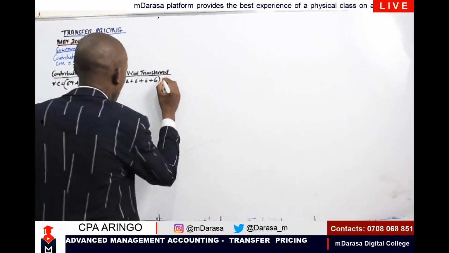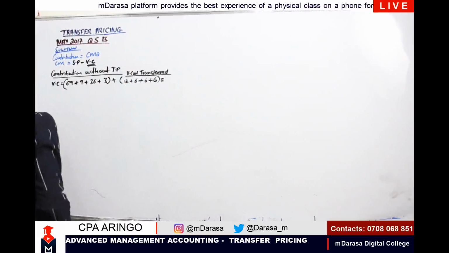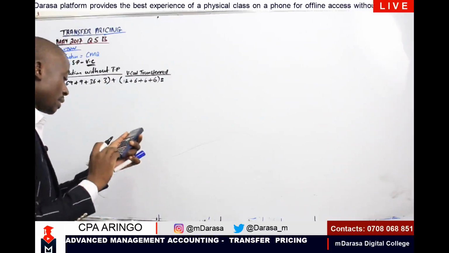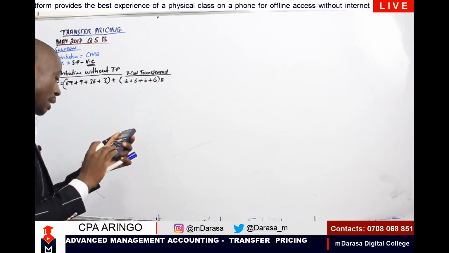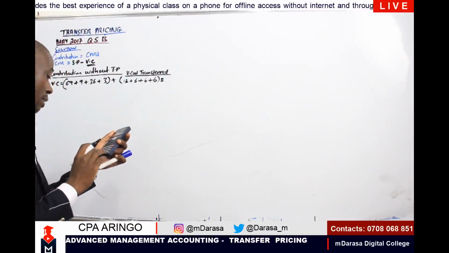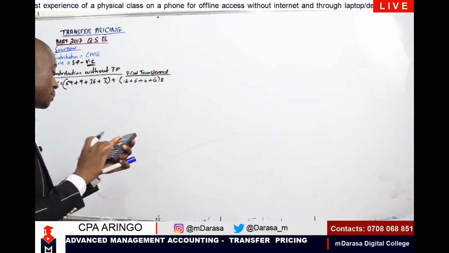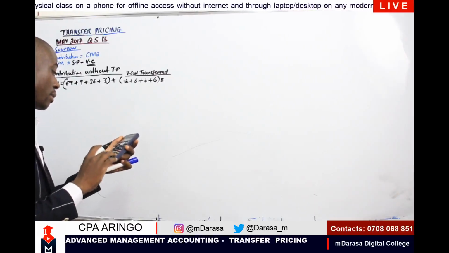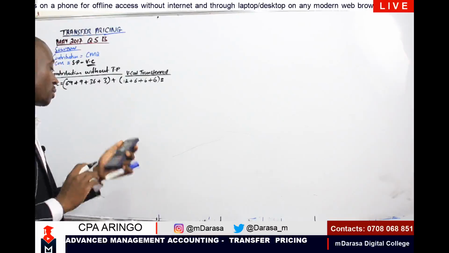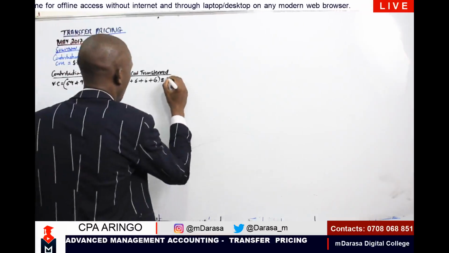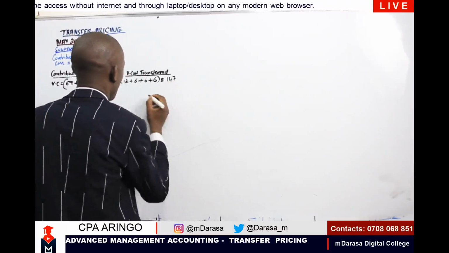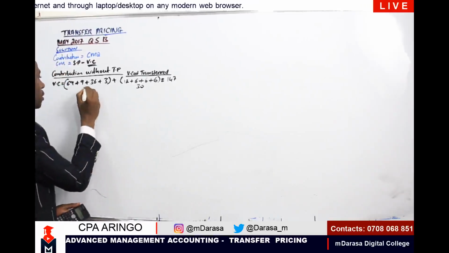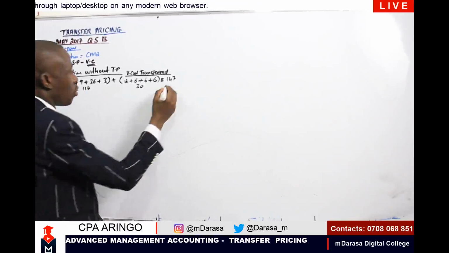So therefore, this should give us a variable cost of how much? I should be talking of 69 plus 9 plus 36 plus 3. We add 12 plus 6 plus 6 plus 6 to give us 147. So here I'm having 147 because we have 30 and we have 117 to give us a total of 147.